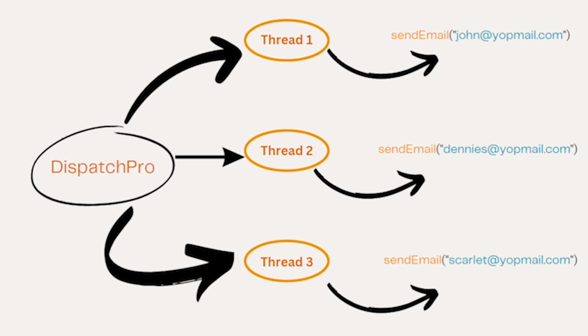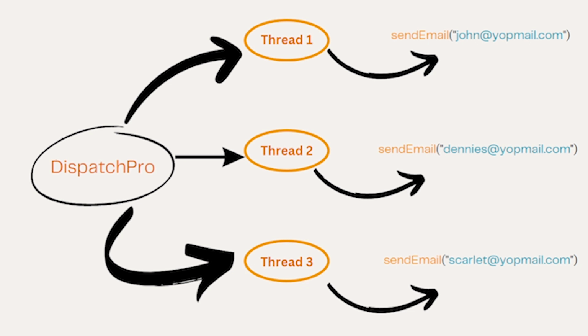In this example, you can see that to send 3 emails, DispatchPro created 3 threads: thread 1, thread 2 and thread 3. So the responsibility of our DispatchPro app is to create threads, not to send email. Instead, each thread will send email for each client.